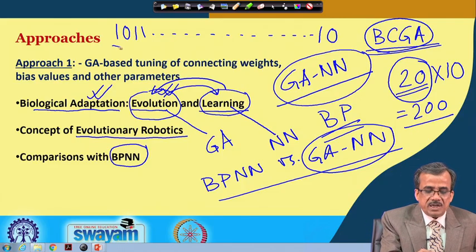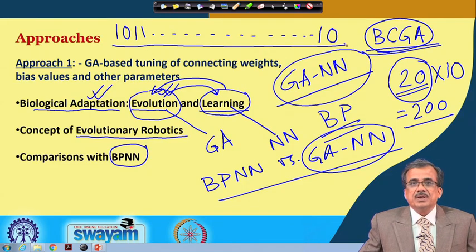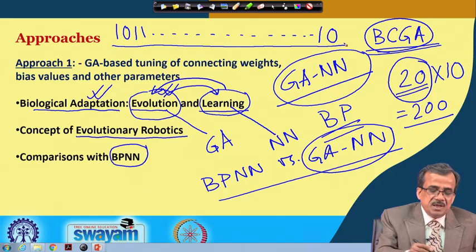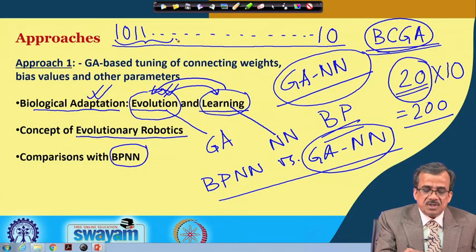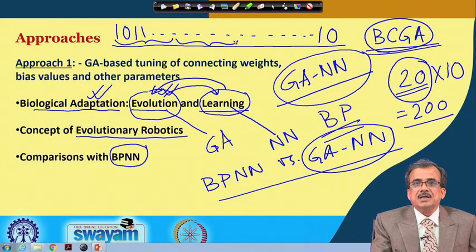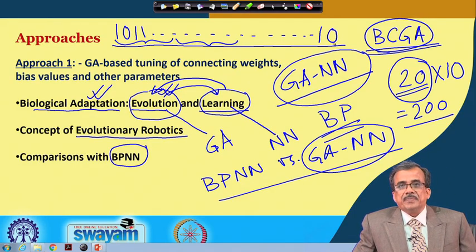Out of the 200 bits, the first 10 bits are used to represent a particular variable, the next 10 bits are used to represent another variable, and so on.